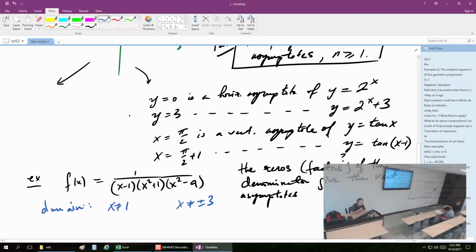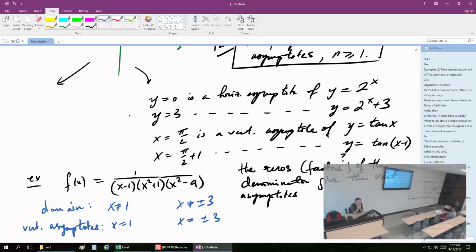But then this not-equal becomes equal, to give us what? That's the asymptote. So vertical asymptotes become these not-equal conditions of the domain turned into equations. That's all there is as far as vertical asymptotes are concerned. All we have to do is look at the denominator.